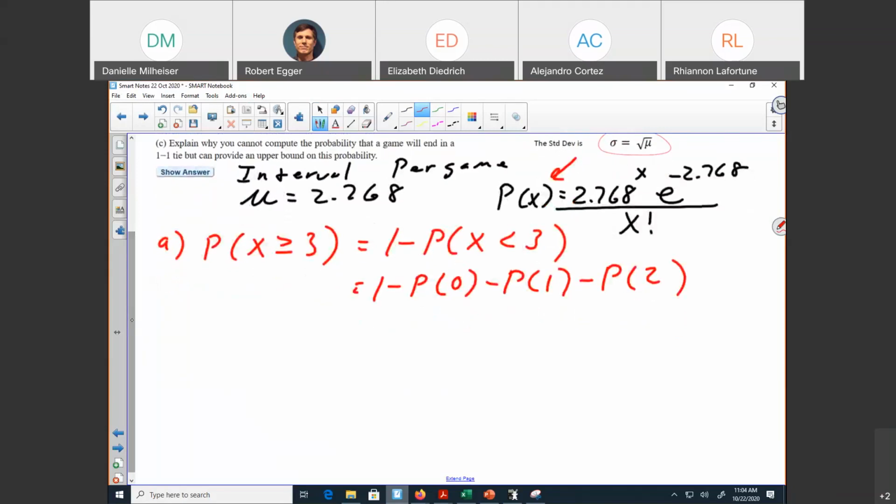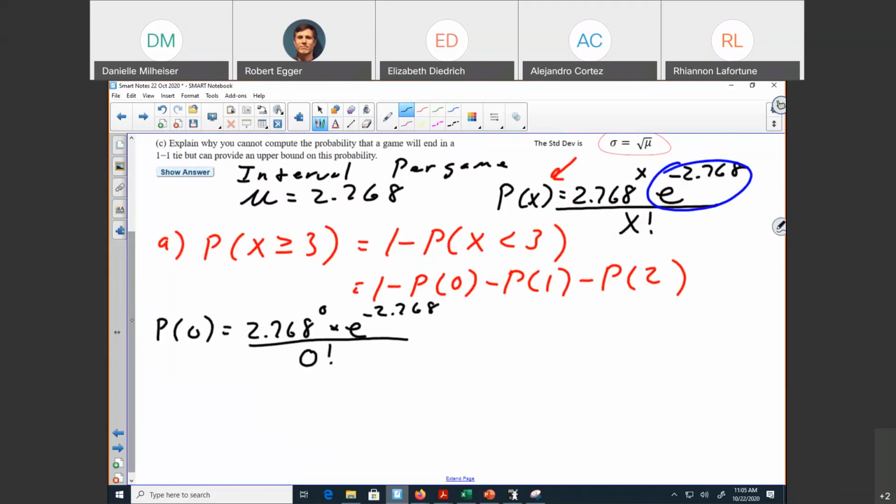And really, these aren't that hard calculations to do, because for one set, this guy's a constant. So let's figure probability 0. It's 2.768 to the 0 power, which is 1, times e to the minus 2.768, which is a number, over 0 factorial, which is 1.